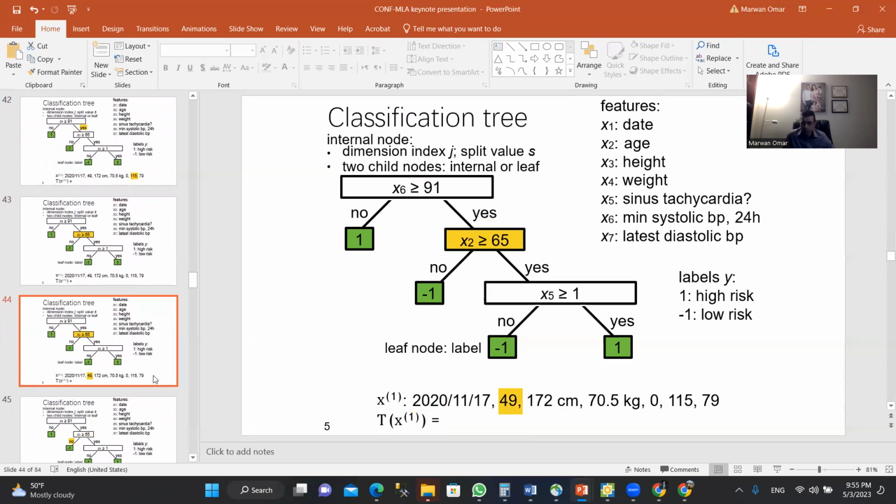No, because it's 49. So the answer is no, and that will lead us to label -1. So the label is -1 if the answer is no.